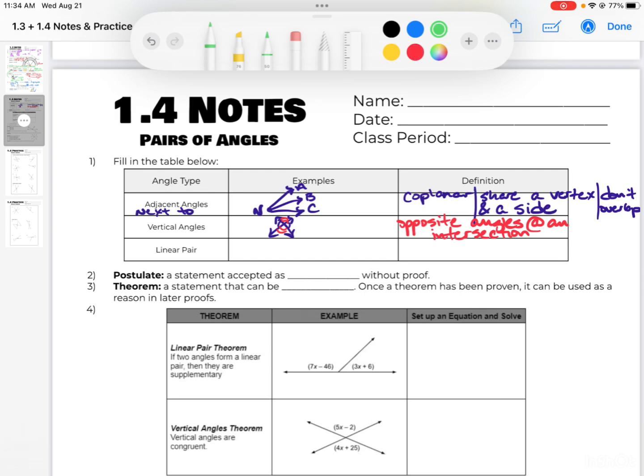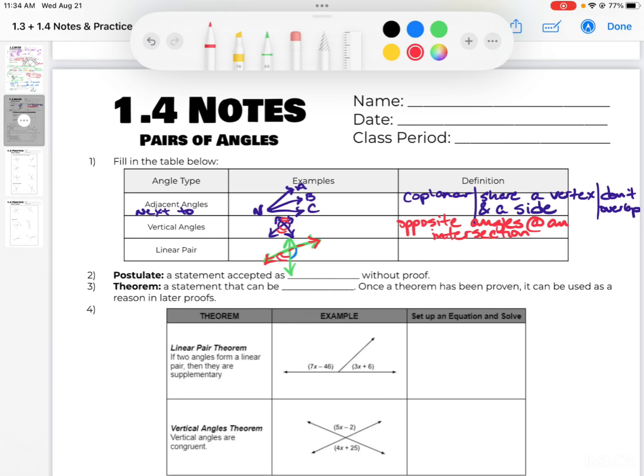And then lastly, a linear pair, also from an intersection. Okay, so I have two lines that cross, they intersect, and these angles here that are on the same line, they form a straight line, all right? Those are a linear pair.